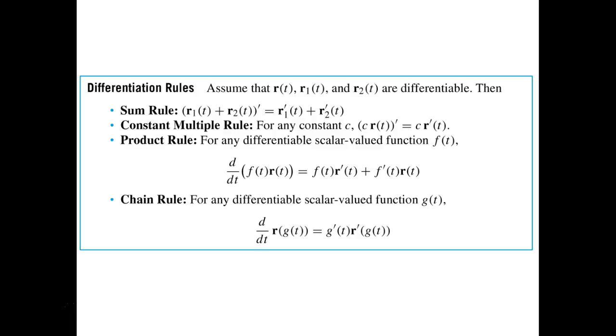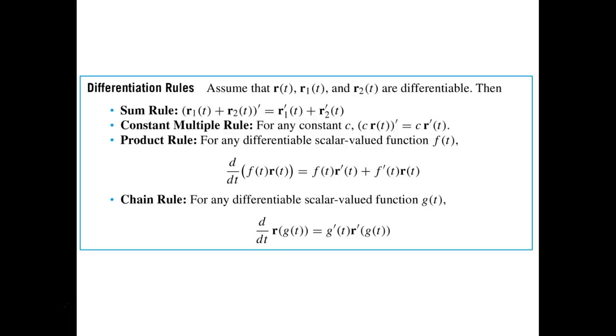Then, if we're adding, we're taking the derivative of the sum of two functions, r1 and r2, then that's the same as the derivative of r1 plus the derivative of r2. Shorthand for that would be derivative of the sum is the sum of the derivatives, just like we had in scalar functions.